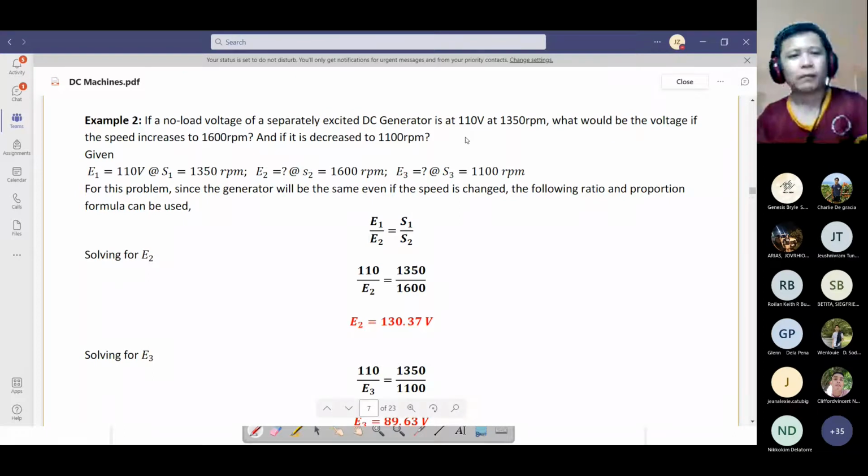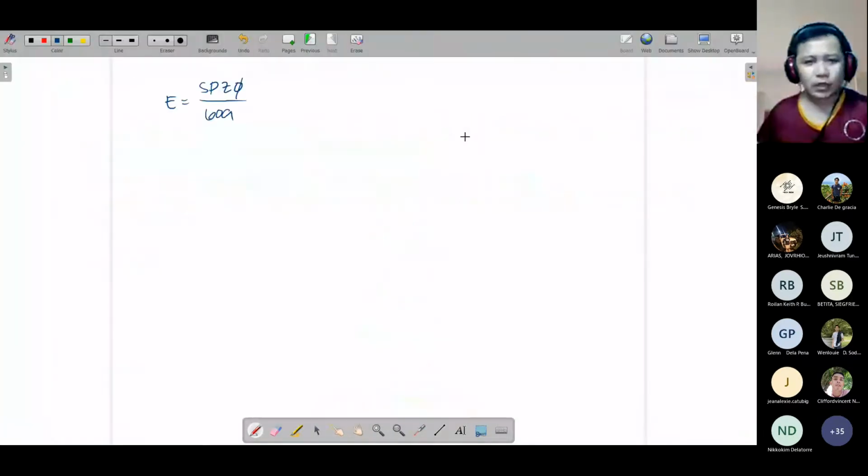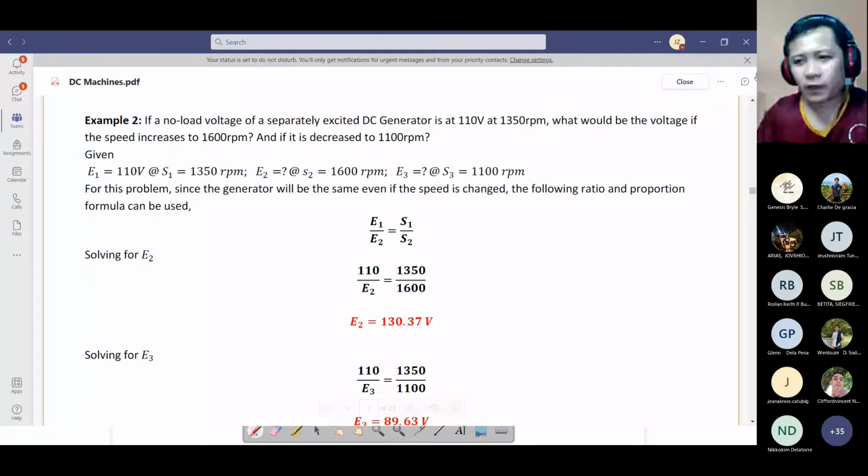Even though the speed was increased and decreased, the DC generator that we used is still the same. We did not change our generator.